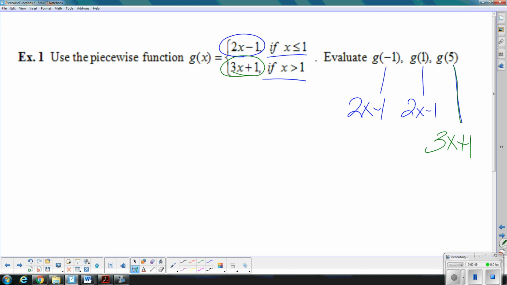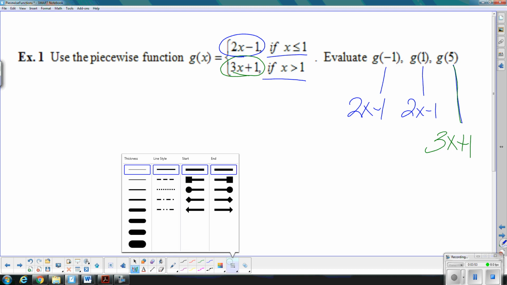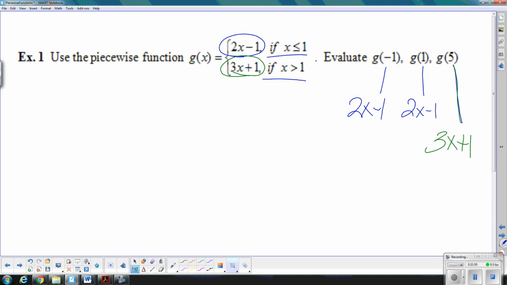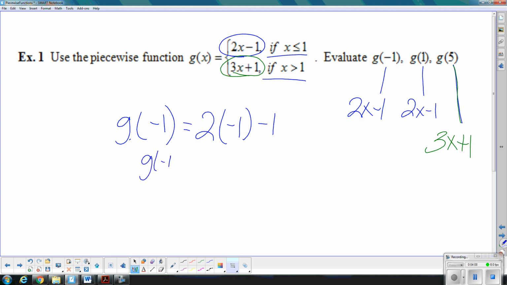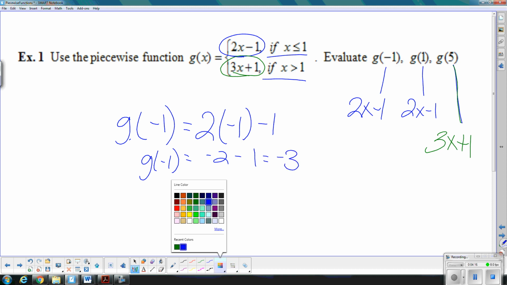Okay, so now let's evaluate these functions. The first one, g of -1. The function g when x is -1 equals 2 times x, which is -1, minus 1. So g of -1 equals -2 minus 1, which is -3.